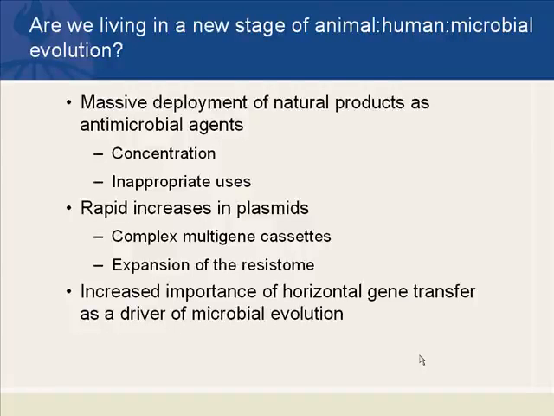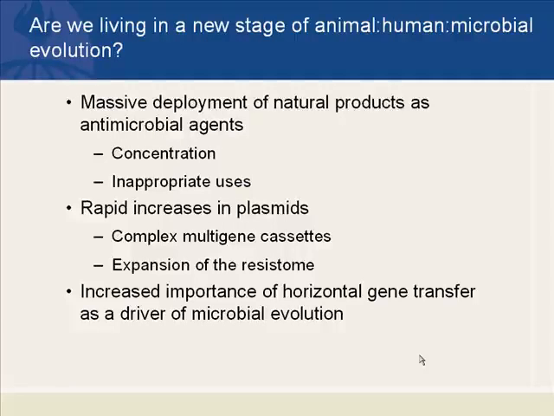There has been a rapid increase in plasmids. People who have done sampling with cores and other kinds of analyses of the history of microbial diversity find that one of the striking things is the increment in plasmids, which is the packaging for these mobile genetic elements. And moreover, they have become more complex. I just showed you that increasing complexity in terms of genes packaged in a cassette taken out of the farm environment. But generally, they have become more complex, and this, of course, contributes to the expansion of the resistome.